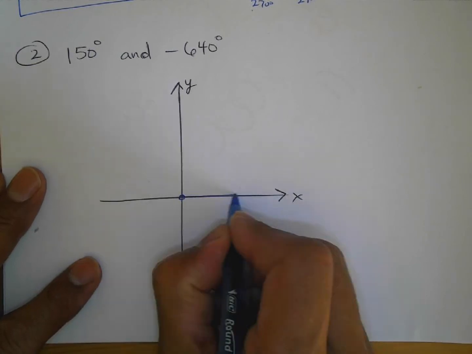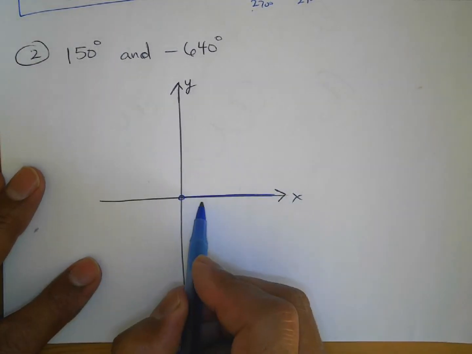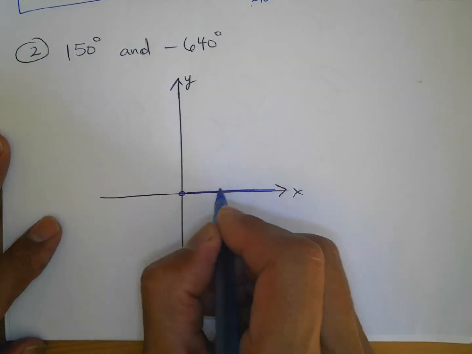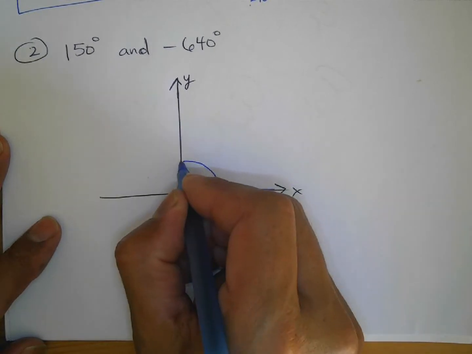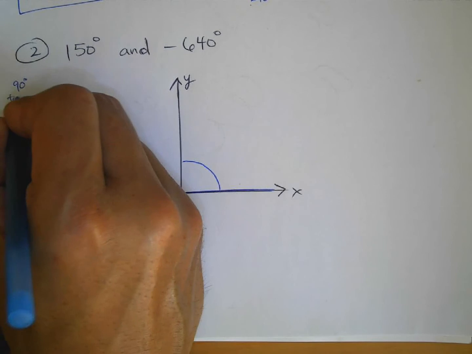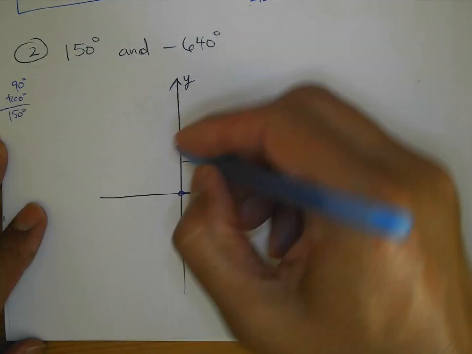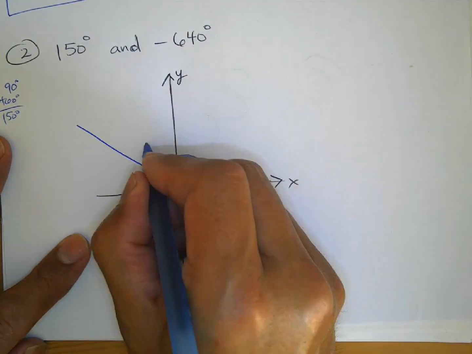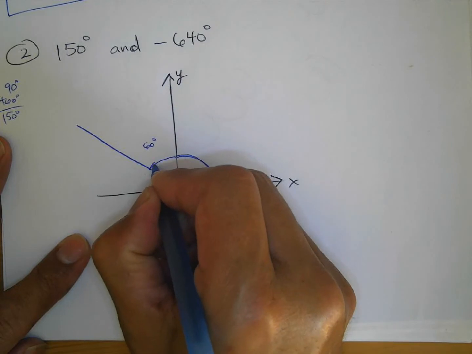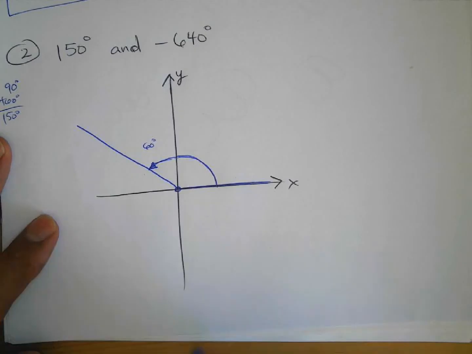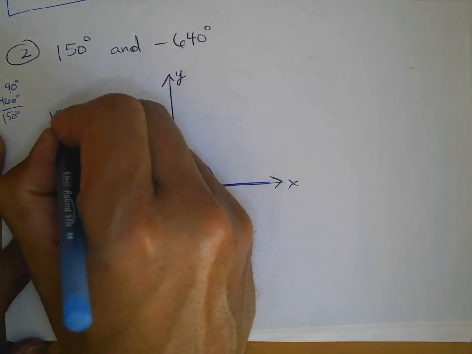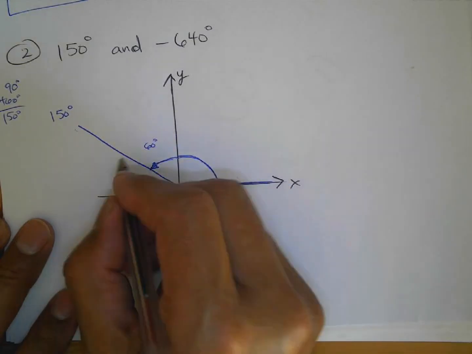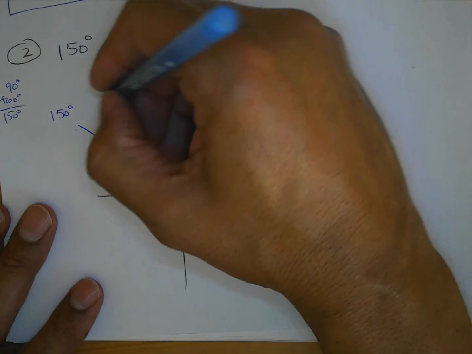We start here always, right? This is where we always draw angles in standard position. Starts here. 150 would be 90 plus what? 90 plus 60. So 60 more. From here, this is 90 plus this 60 more. This is the terminal side for 150 degrees. And just so that I get this angle over here, this is 60, this one's 30, right? But we're looking at this terminal side.